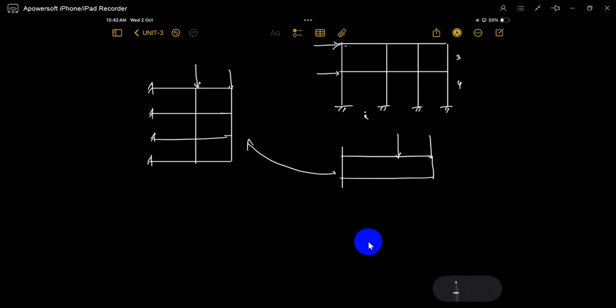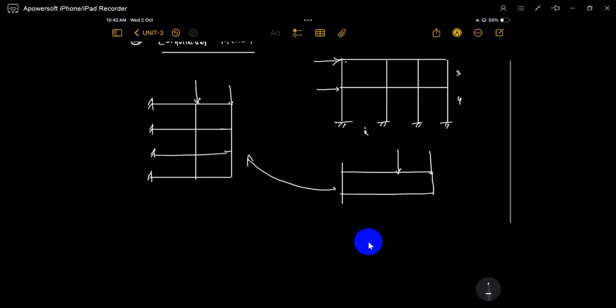How do we analyze this frame in the cantilever method? Exactly how a cantilever beam behaves. A cantilever beam behaves like this. The top layer is in tension, the bottom layer is in compression.